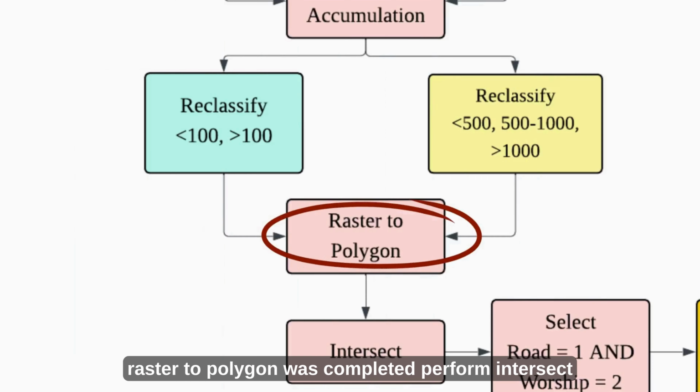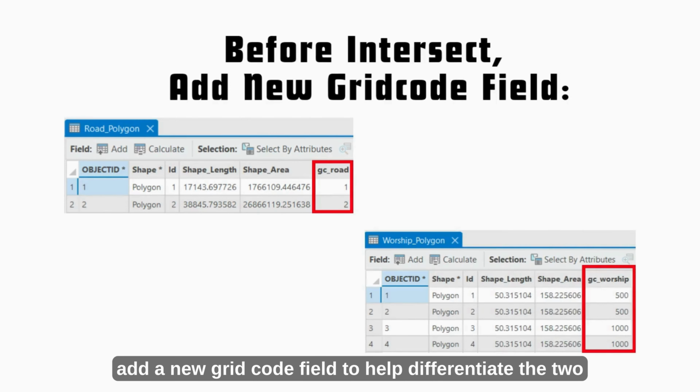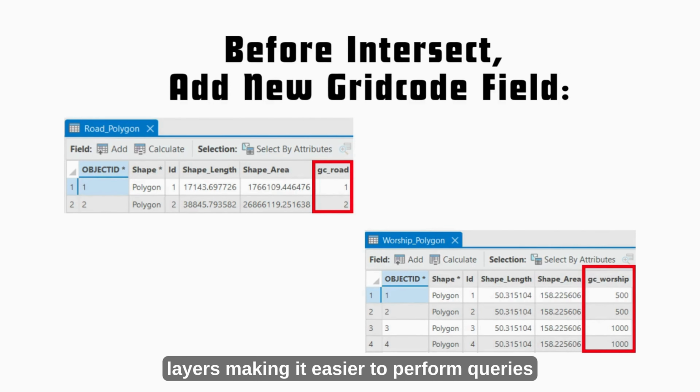After raster to polygon was completed, perform intersect. But before the intersect process, add a new grid code field to help differentiate the two layers, making it easier to perform queries.